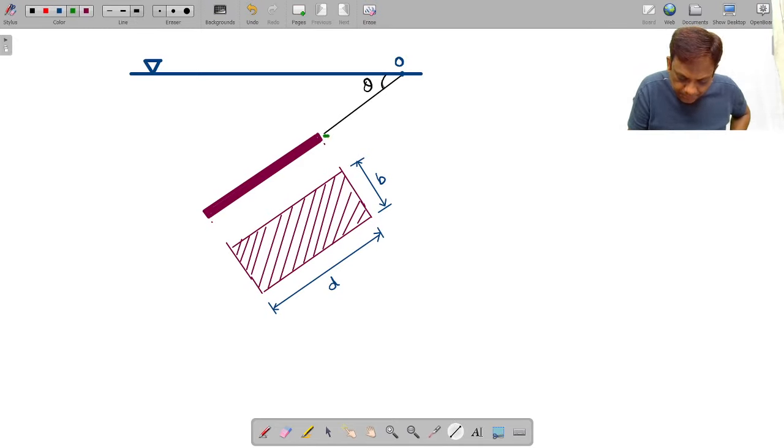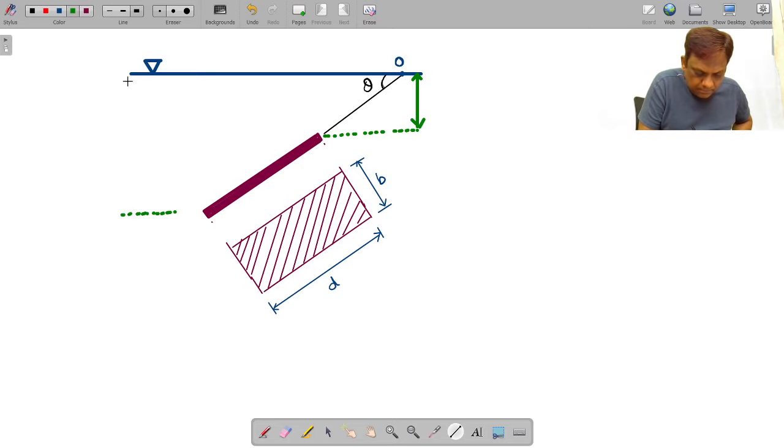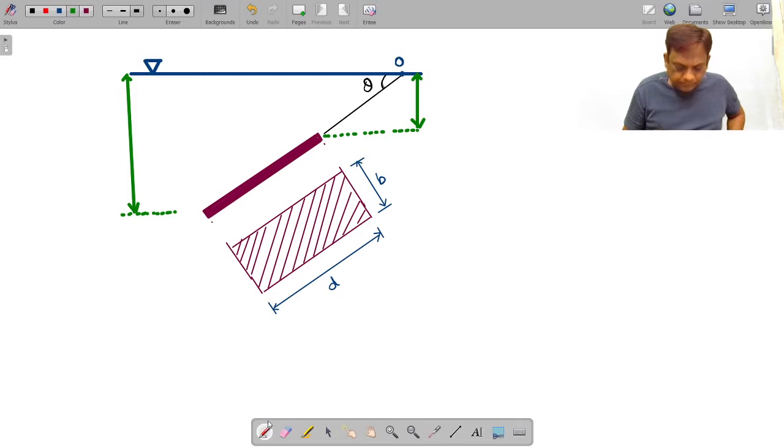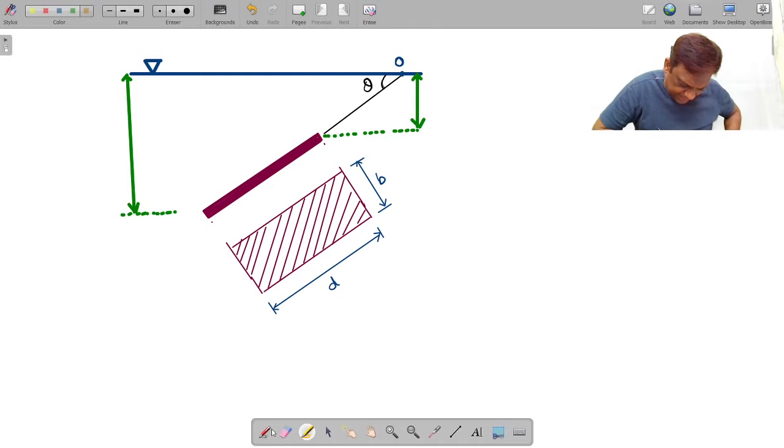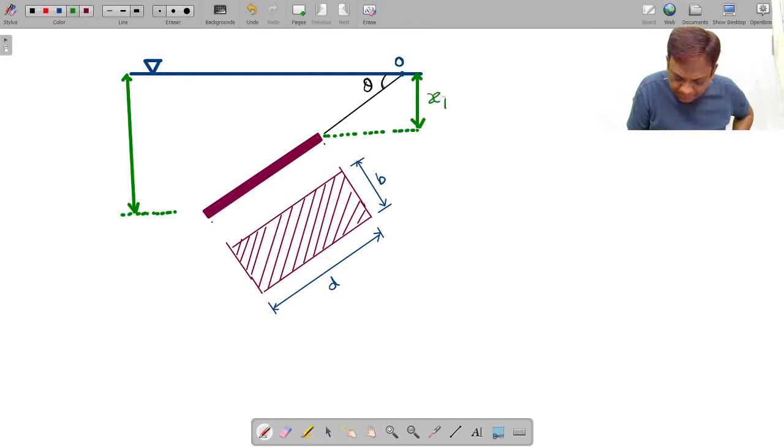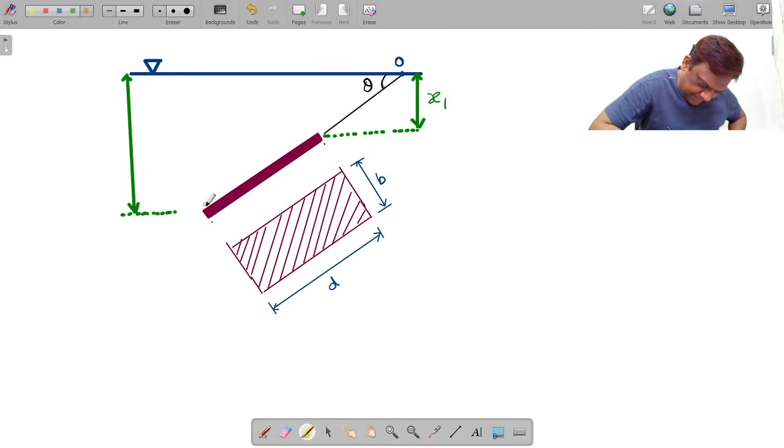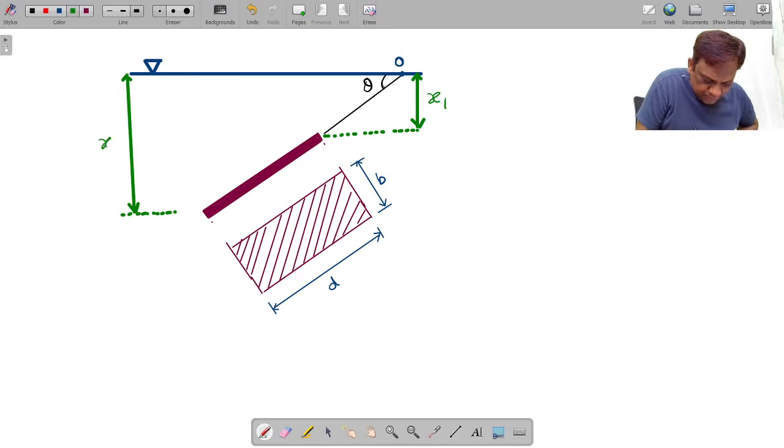Suppose this height be x1, and let this other height be x2.